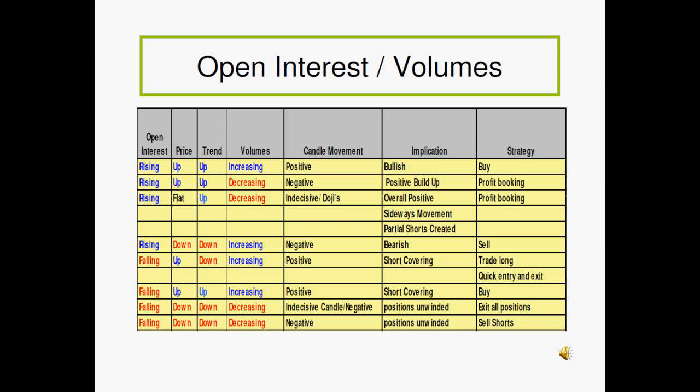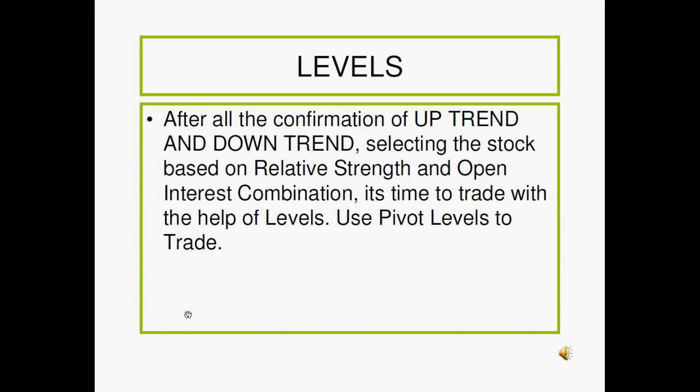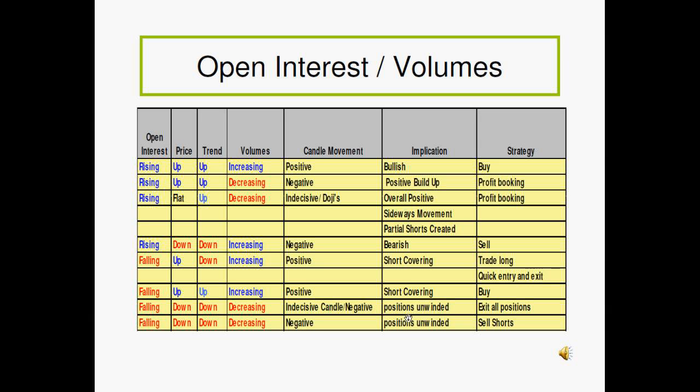So all in action in the next row. Open interest is falling, price down, volume decreasing, indecisive candle, position unwinding, exit all positions. Both people are buying and selling aggressively, prices are falling, open interest is falling, everything is falling, unwinding of positions, lack of interest. This happens towards the expiry.